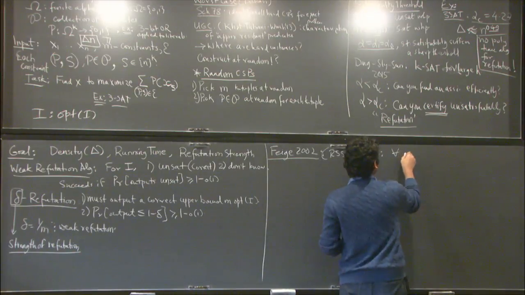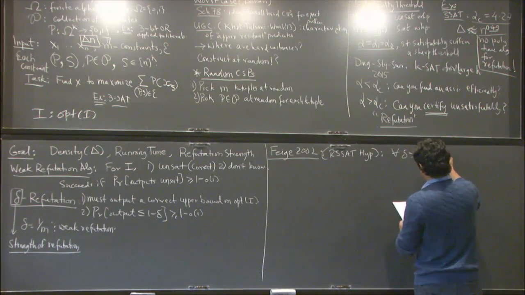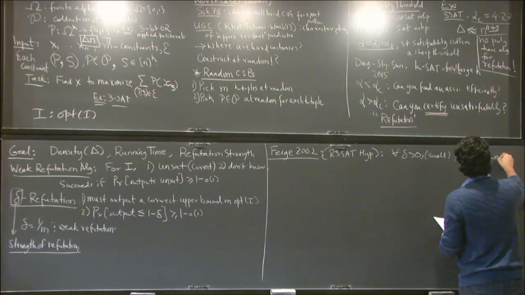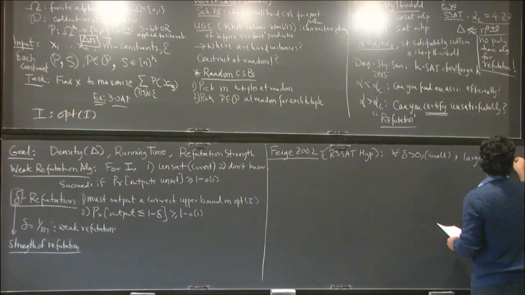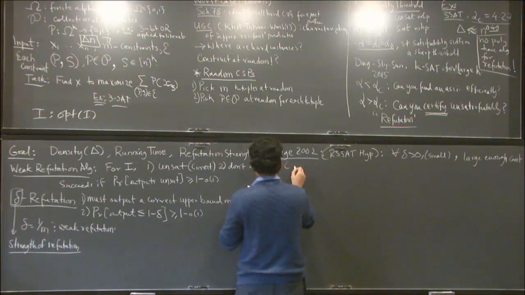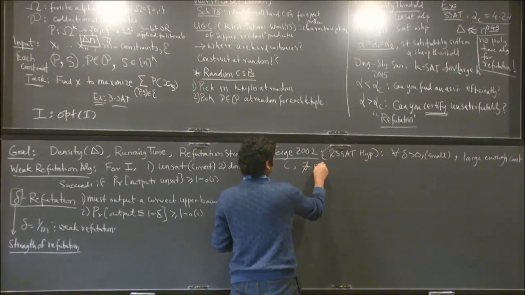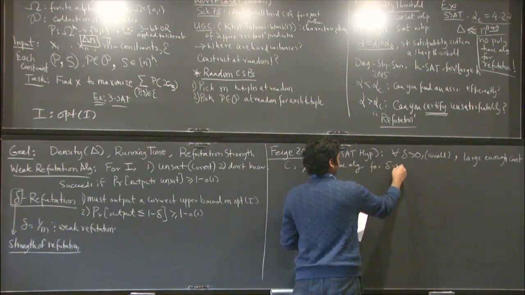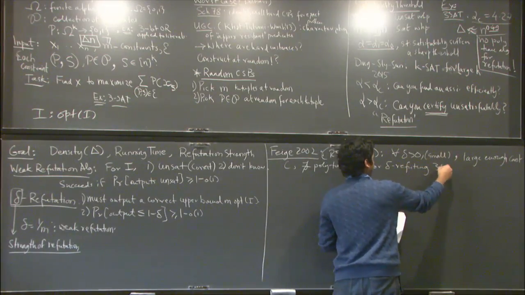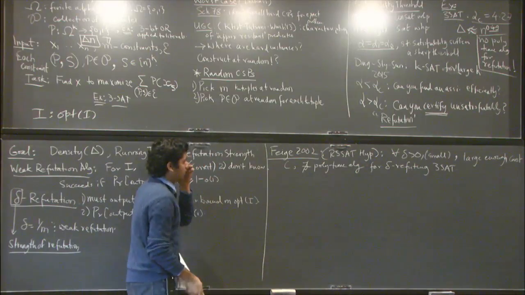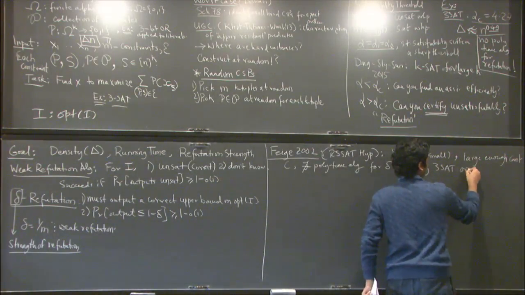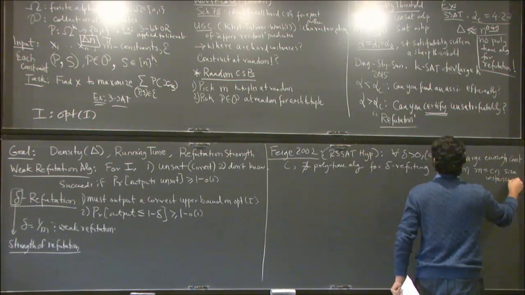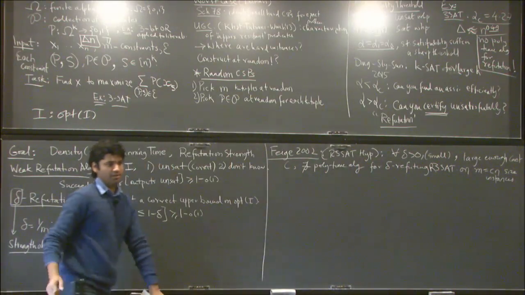Basically, it says that for all positive delta, small enough, and large enough constant c, there doesn't exist a polytime algorithm for delta-refuting random 3-SAT on m equals cn size instances.